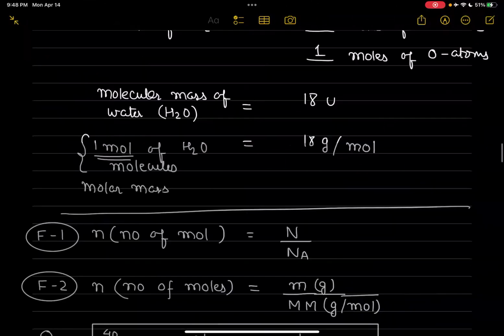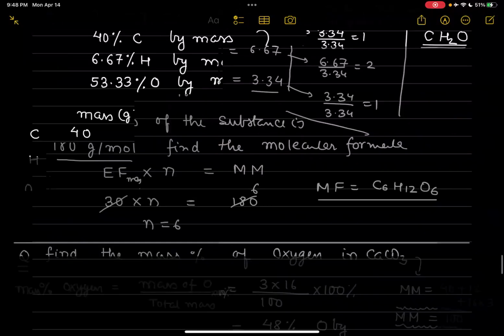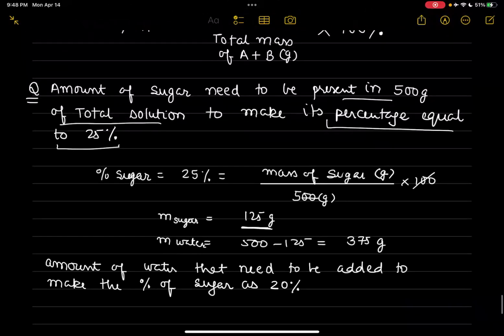Because you are decreasing the sugar percentage from 25 to 20. So the 125 grams of sugar will remain the same, because you are adding water.